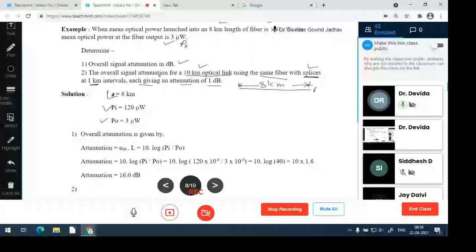Pi and PO are given. Pi is 120 microwatt, PO is 3 microwatt. We have to find out the attenuation.